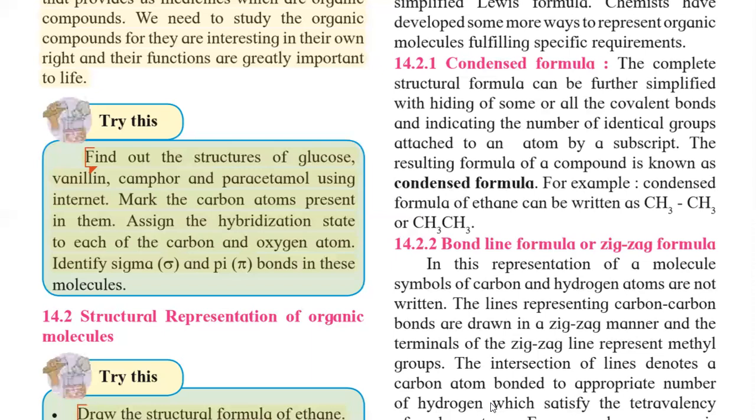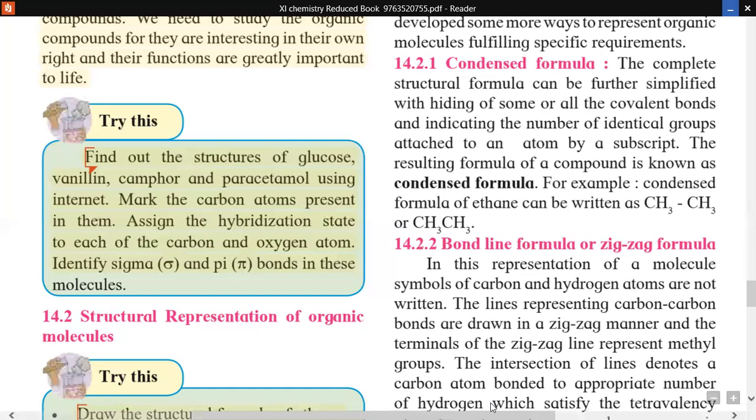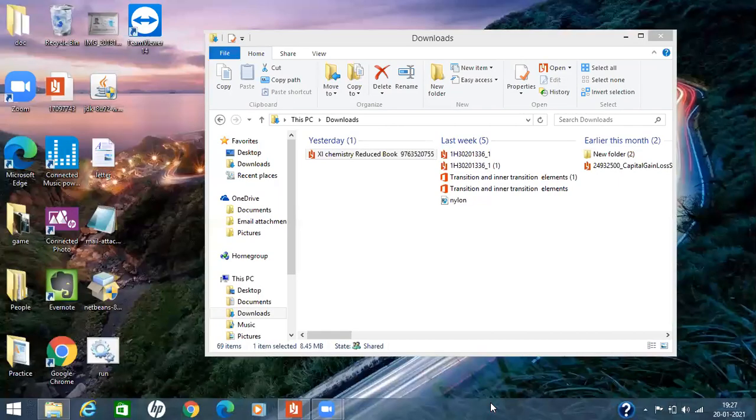If there is a double bond, the first bond is a sigma bond and the second is a pi bond. If there is a triple bond, the first bond is a sigma bond, and the second and third bonds are pi bonds. On the basis of this, we can easily identify the types of bonds present in these molecules. That is the introduction for this chapter, Basic Principles of Organic Chemistry.